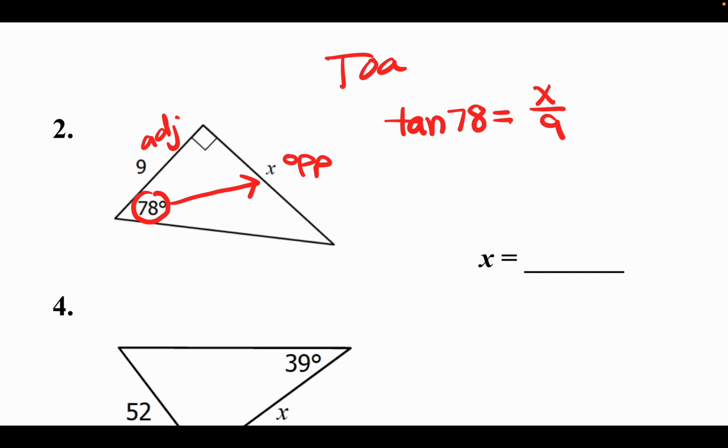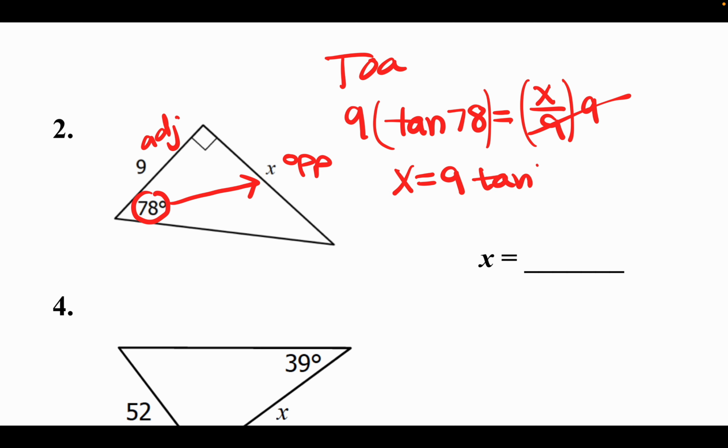Solve for x. Multiply both sides by 9. Those 9s cancel, leaving us x equal to 9 tangent of 78, and then type that in your calculator. I get 42.34, so just leave it as 42.3.